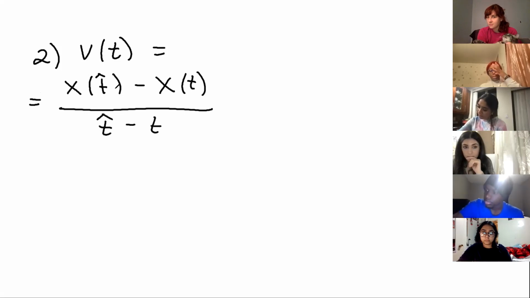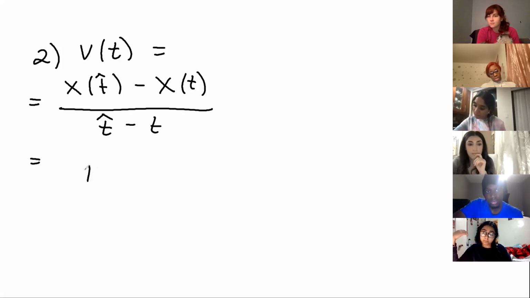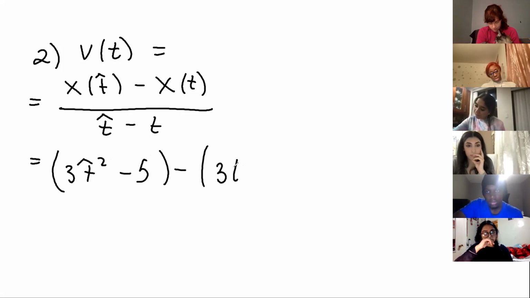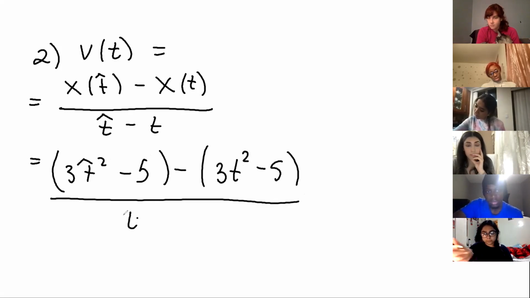You see, just instead of 1, I just focus on some arbitrary number t. And when I carry it out, what do I get? I get 3t hat squared minus 5 minus 3t squared minus 5 over t hat minus t, yes? And when I simplify it, what do I get?